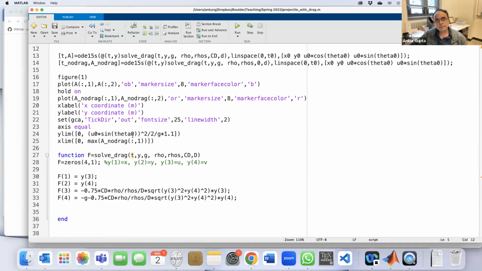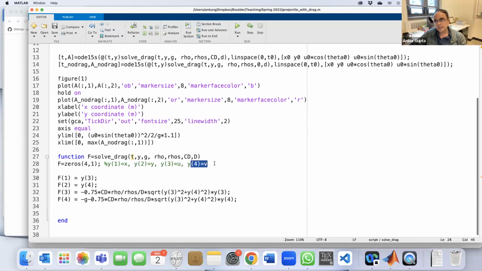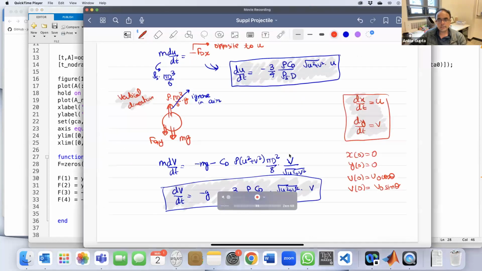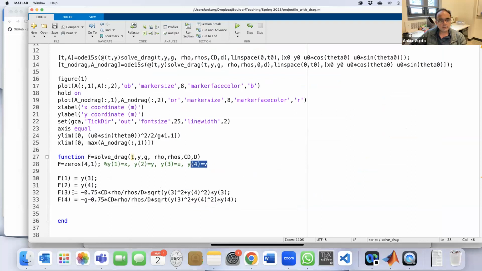The main thing happens here. This is essentially saying we have dx by dt, dy by dt, du by dt, dv by dt. So we have four equations, and that's basically what you see here. These 1, 2, 3, 4 are the way MATLAB does it. Don't confuse this y1, y2; this is MATLAB's notation.